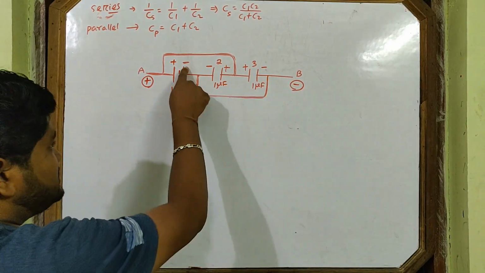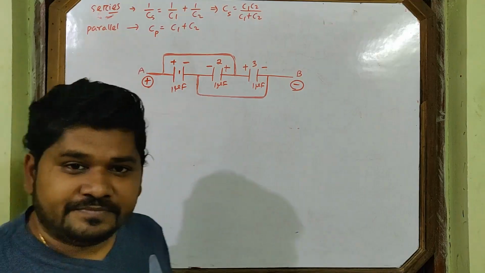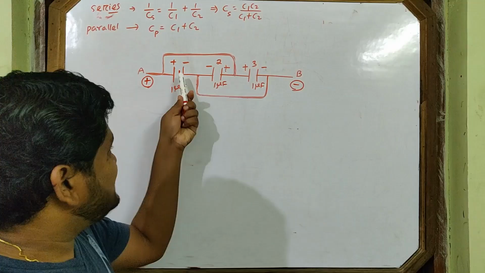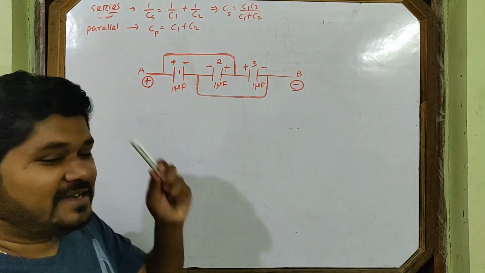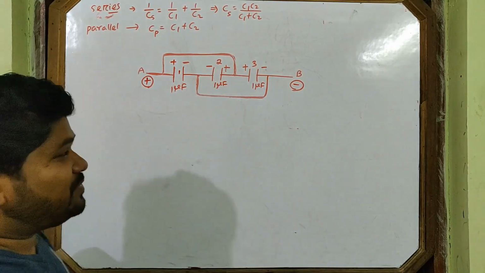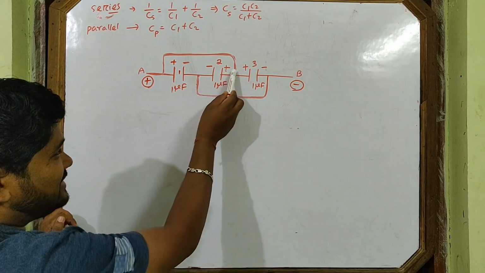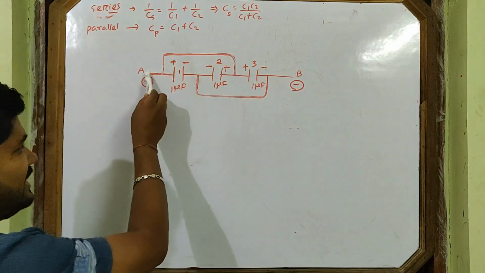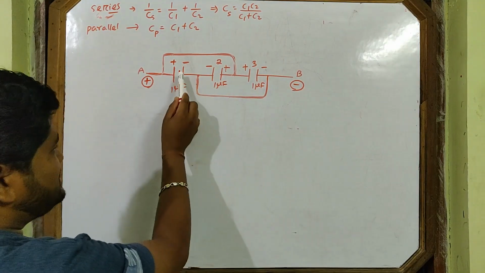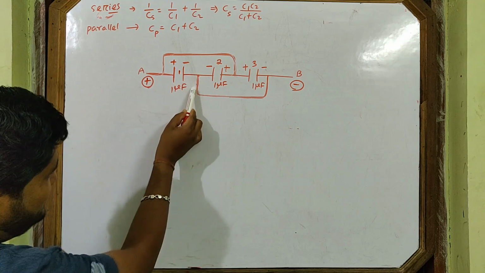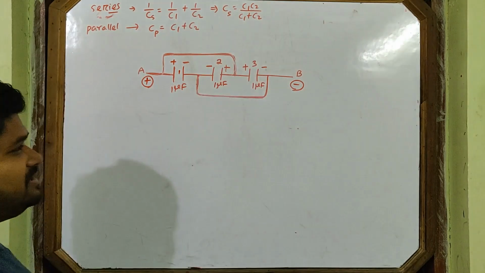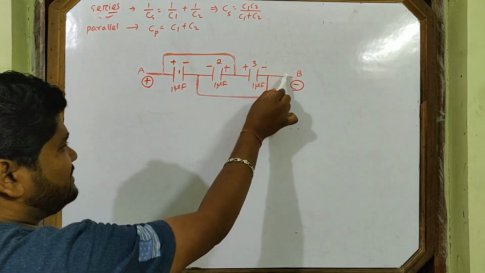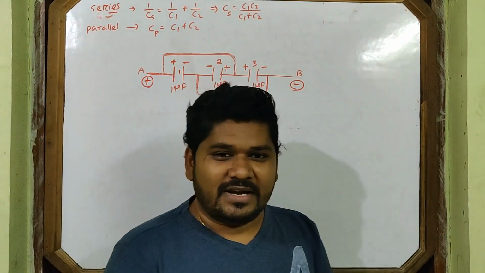Negative wire goes like this, so it is negative. Now you understand. So what is the connection? You see this capacitor: the first capacitor's positive plate is connected at A, the second capacitor's positive plate is connected at A, the third capacitor's positive plate is connected at A. The first capacitor's negative plate goes and is connected at B. The second capacitor's negative plate is at B. The third capacitor's negative plate is at B. Understand?